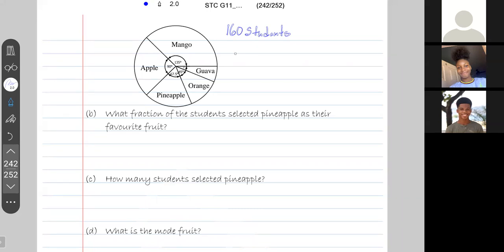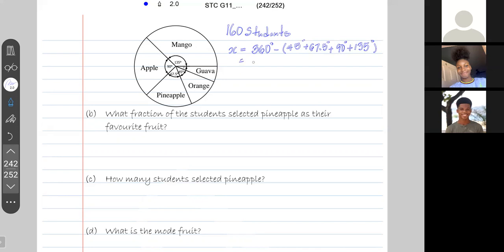So X would be equal to 360 minus 45 plus 67.5 plus 90 plus 135. In other words, we add up the angles of all the other sectors and subtract that from 360.